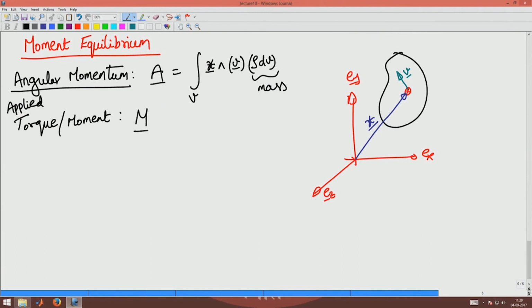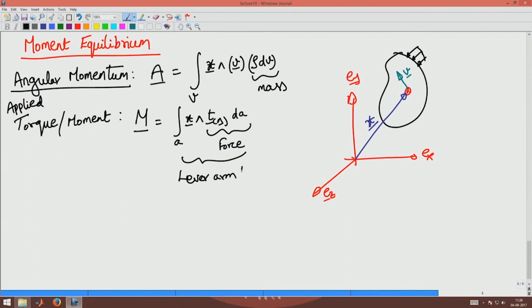Let us note that M is going to be equal to, if I have the distributed contact force acting over here, that torque is going to be the integral of x cross t of n dA, where x is the lever arm times the force, because moment is r cross f.